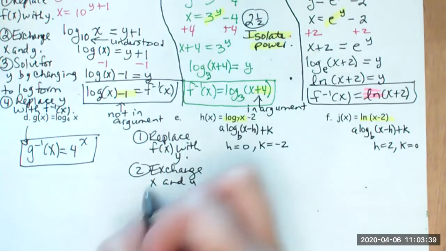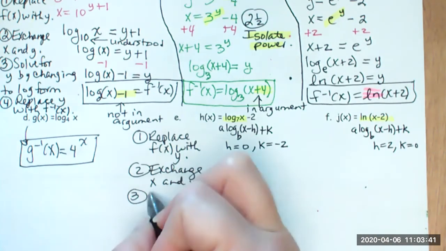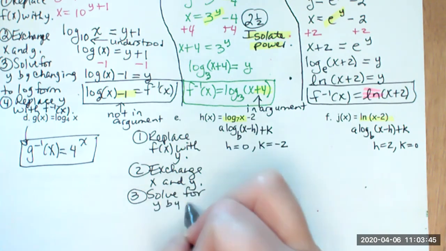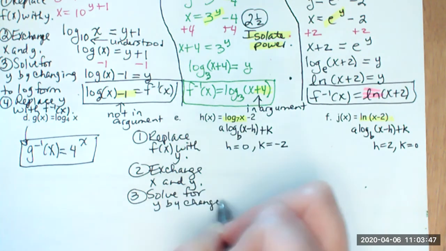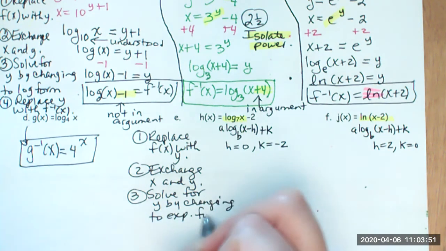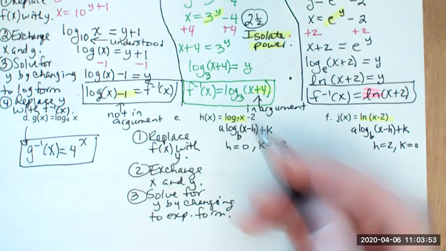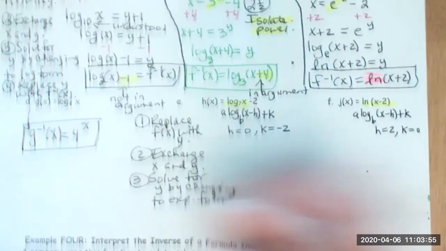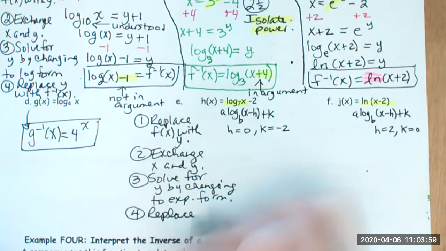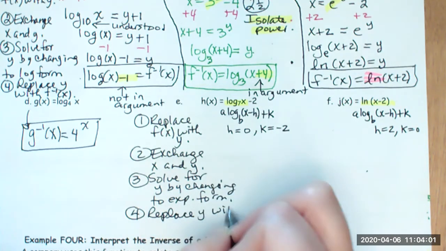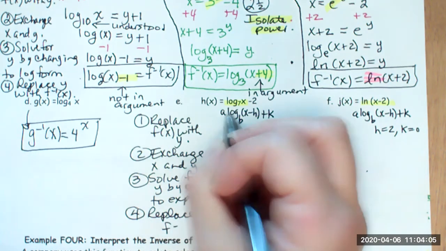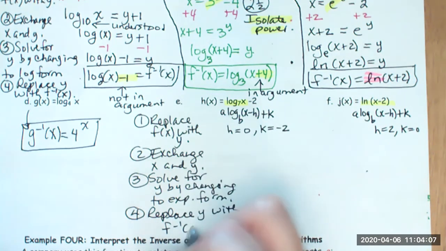And we will solve for y by changing to exponential form, because these are logarithmic equations, whereas up here we had exponential equations. And then, of course, replace y with f inverse of x, or in this case, it's going to be h inverse of x.